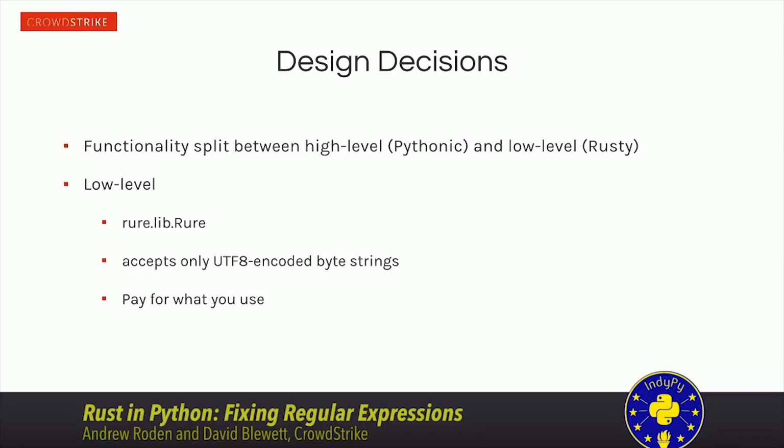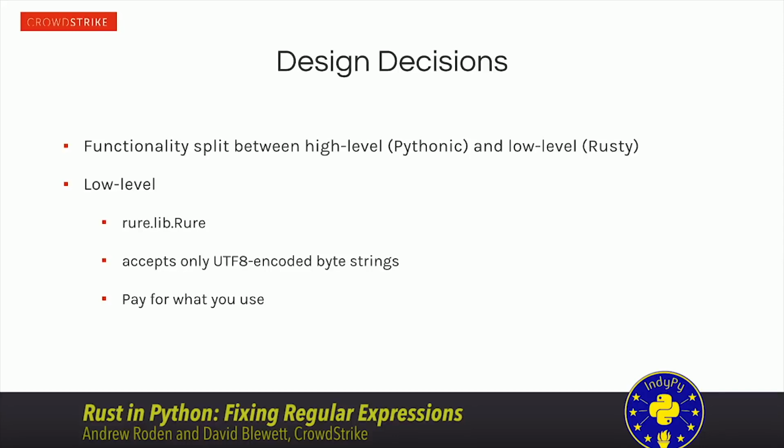The rure interface allows you to only pay for what you need, the computation that you actually want. So if you just want to see if this expression matches, you can just say, does it match? If you want to be able to know exactly where in the string it matched, that requires more computation, so there's a different function for that.